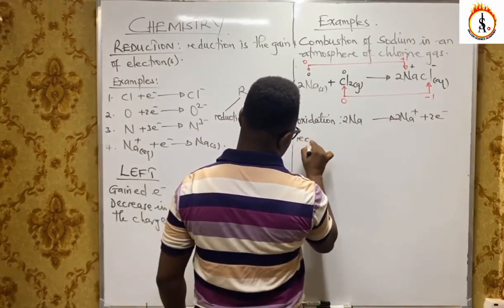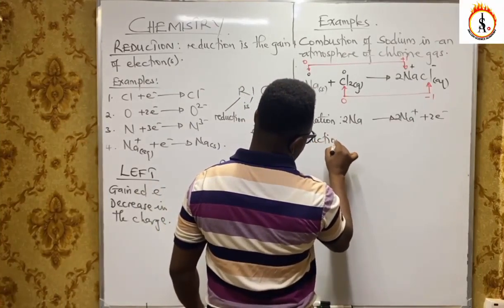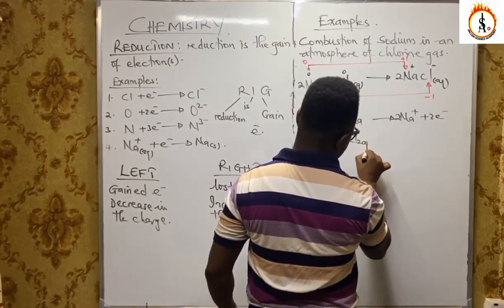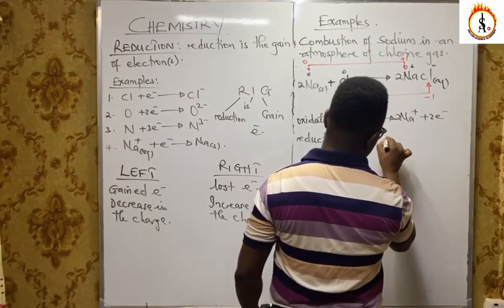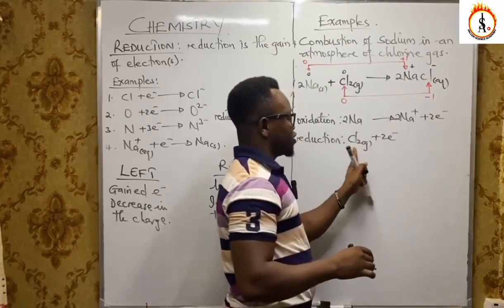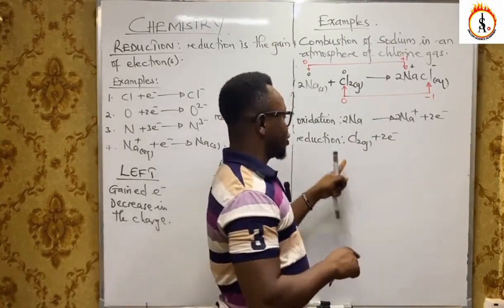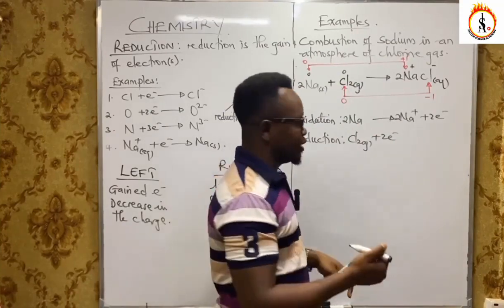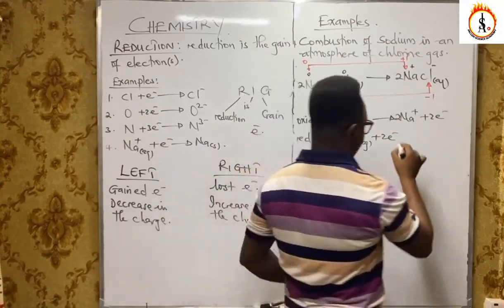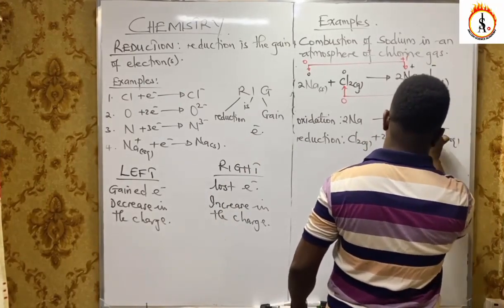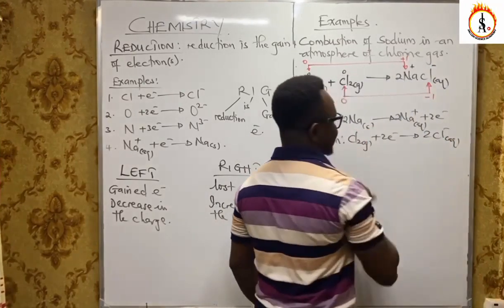Next, we look at the reduction process. You have chlorine gas here that is going to gain 2 electrons, because this tells you it is a molecule. You have 2 atoms of chlorine in there, so each one is going to gain an electron, making it a total of 2 electrons gained, and it is going to produce 2 chloride ions, aqueous. These aqueous and this solid.